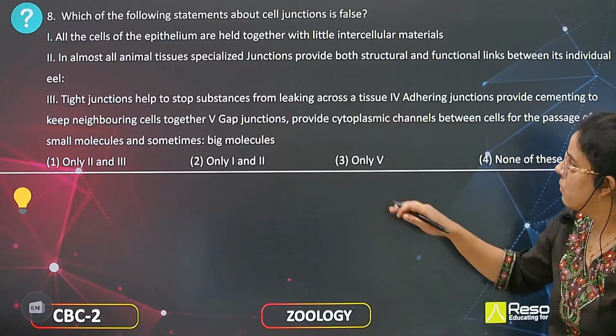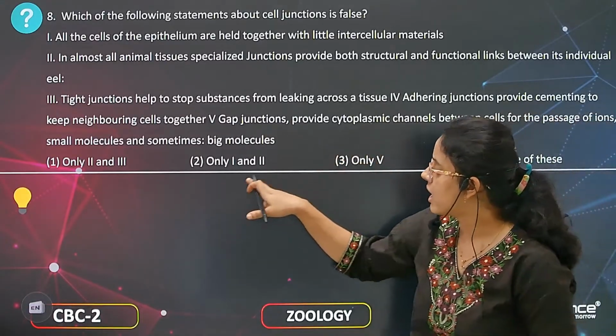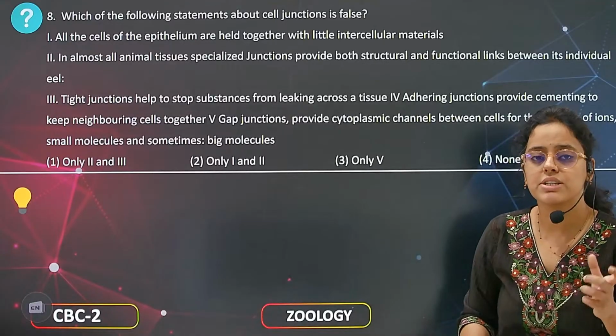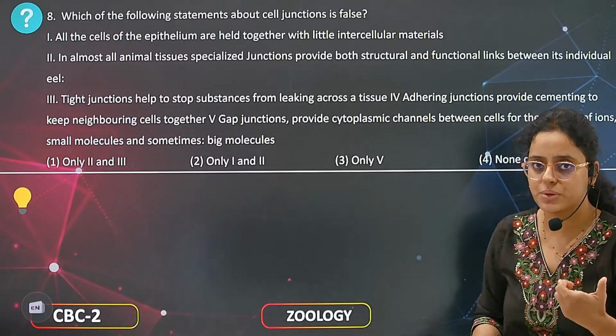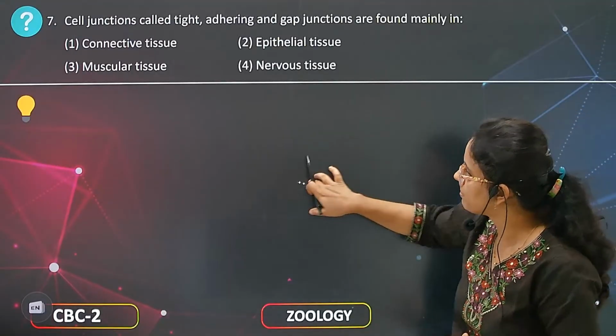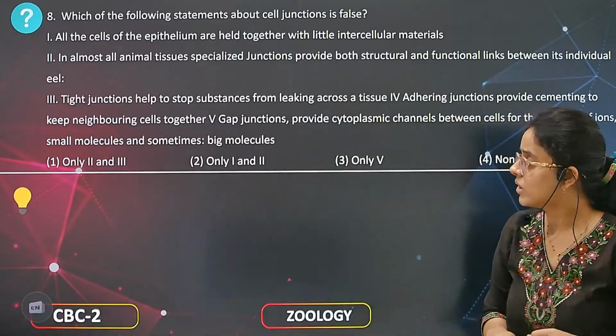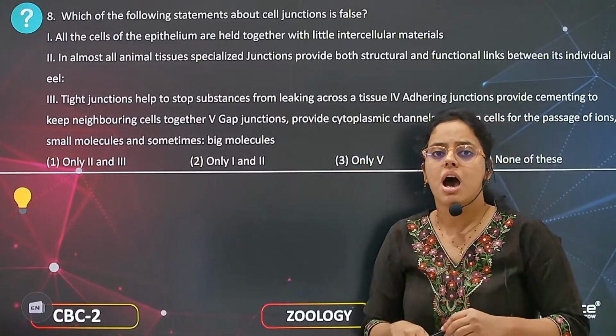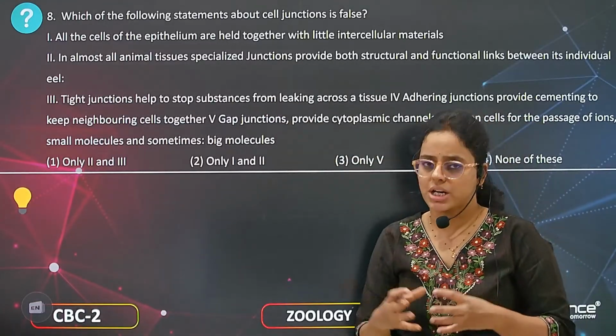So here they are asking about the false statement. If you see, the first statement says all the cells of the epithelium are held together by little intercellular material. So the cells are held together by junctions.